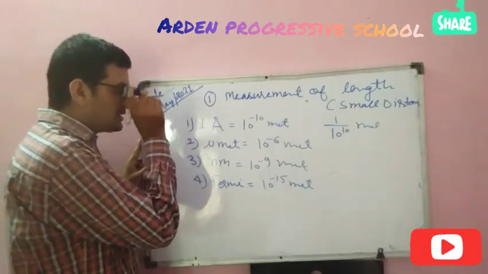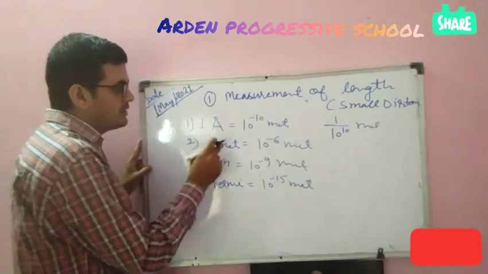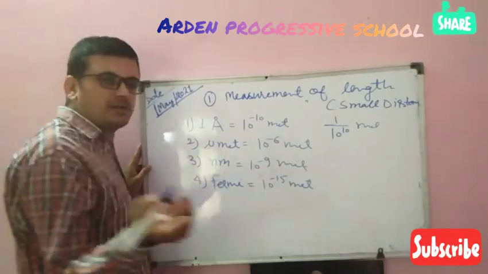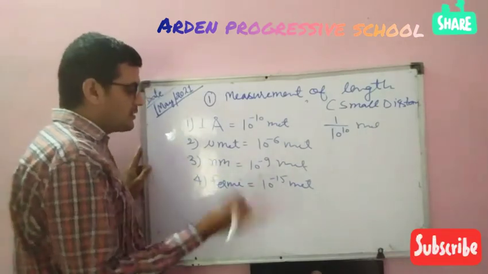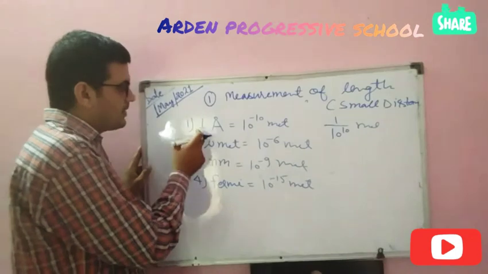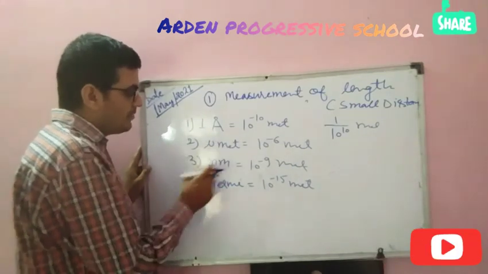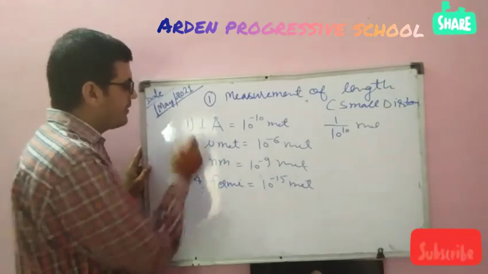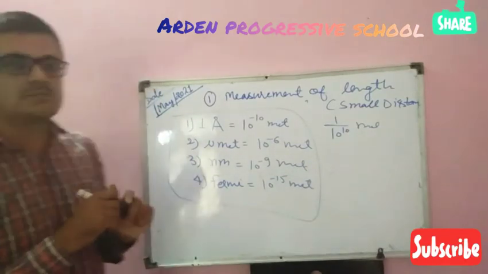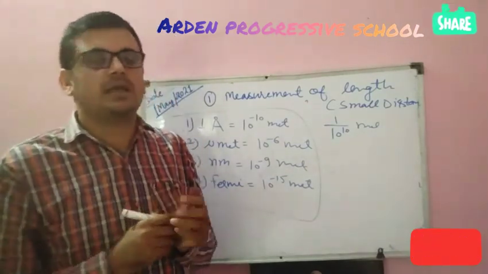Student, these are commonly used. You can also use millimeter, which is very common; I think you all know what a millimeter is. So angstrom, micrometer, nanometer and Fermi are all used for very small distance or very small length measurement.